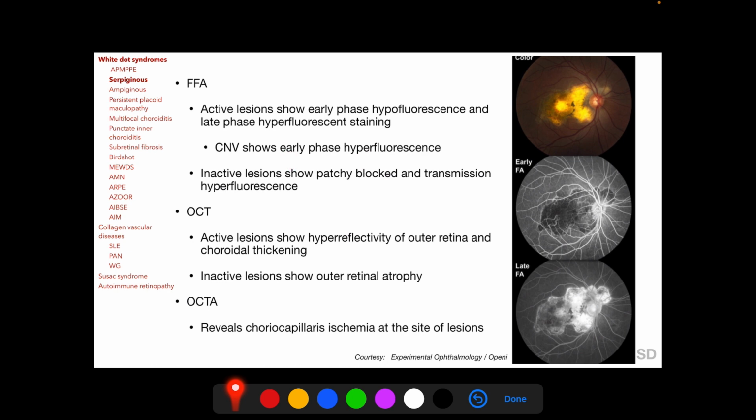Inactive lesions show patchy, blocked and transmission hyperfluorescence depending upon atrophy and pigmentation of the healed areas. On optical coherence tomography, active lesions show hyperreflectivity of the outer retina and choroidal thickening, and healed lesions show outer retinal atrophy. On OCTA, we find choriocapillaris ischemia at the site of the visible lesions.